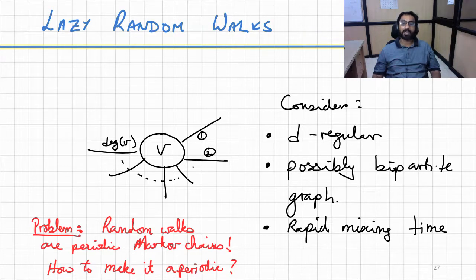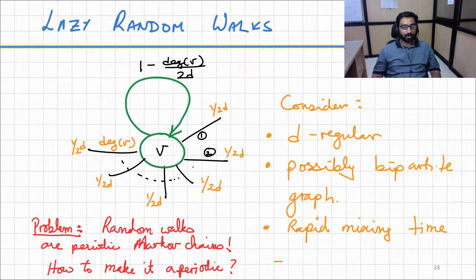So the question now is, how are we going to assign the transition probabilities? Instead of transitioning with probability 1 over the degree of the vertex V, we're instead going to transition to neighbors with probability 1 over 2d, where d is the max degree. So every edge incident at V gets a probability of 1 over 2d.